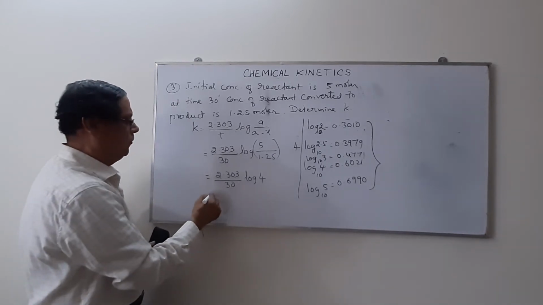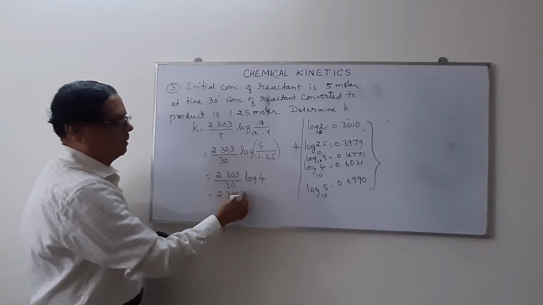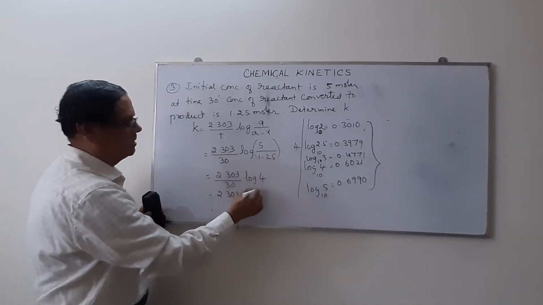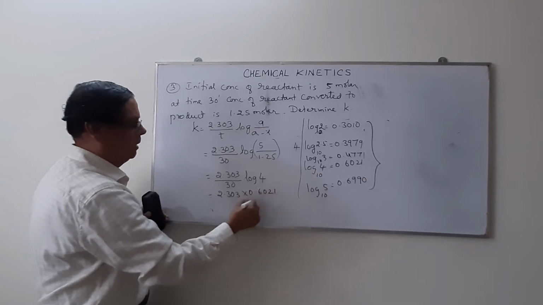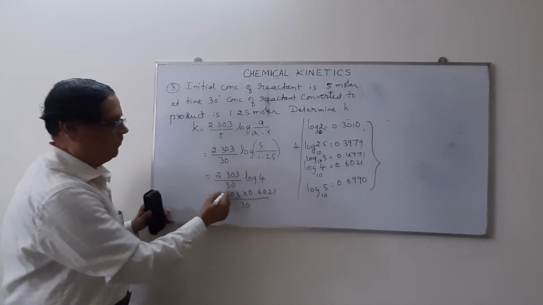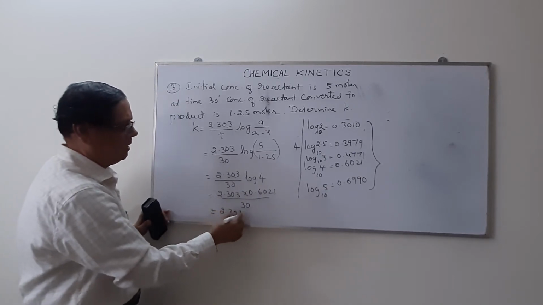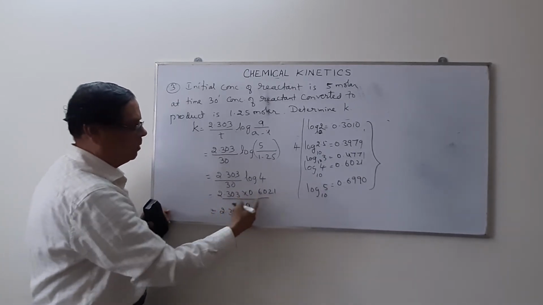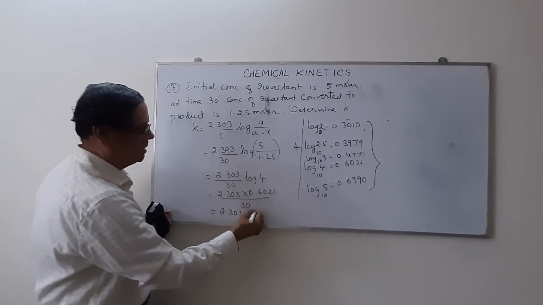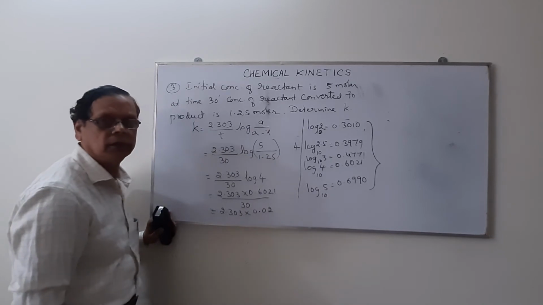Therefore, if you calculate here, 2.303 times the logarithm of 4, which is 0.6021, divided by 30. So if you simplify, 2.303 times 0.6021 divided by 30 is nothing but 0.02 almost.